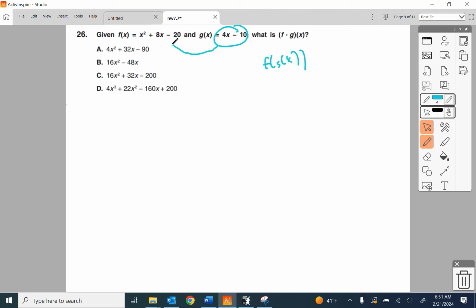Everywhere I see an x, I'm going to put that in its place. So there's an x that's squared. It becomes 4x minus 10, that's squared, plus an 8. There's an x, becomes 4x minus 10, and then minus 20. If I want to square something, I write it twice.